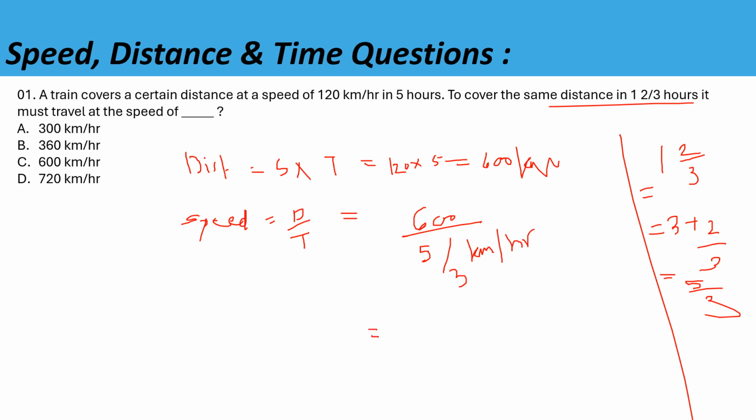This can be solved as 600 into 3, divided by 5. So 1800 on 5, which is 360. This is the required speed that we need.